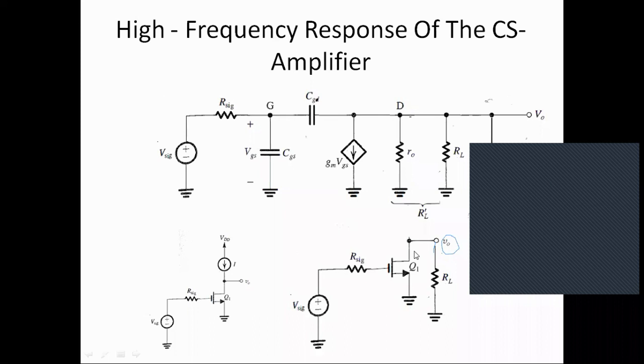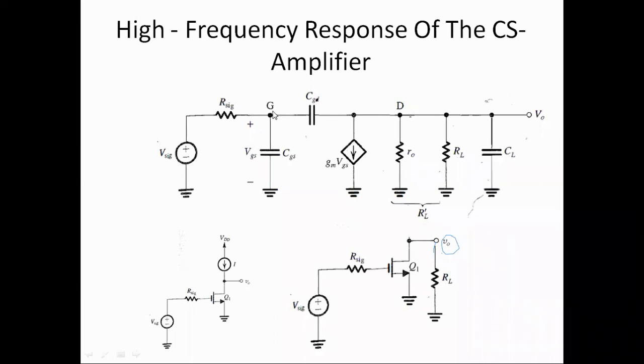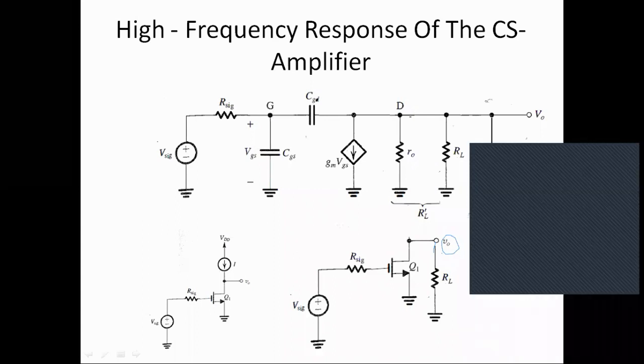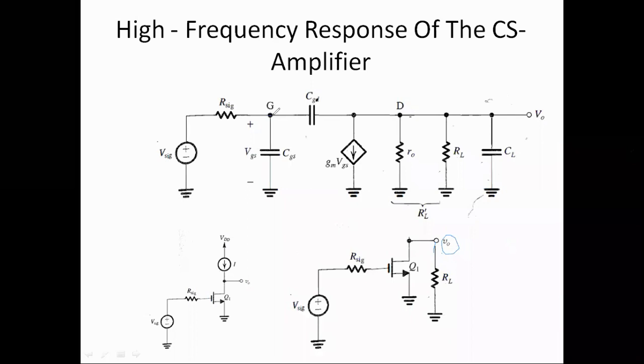Now I'm going to replace the MOSFET with the high frequency model. High frequency model means we have to include the capacitances with the low frequency model. Let me explain. From gate to drain there is a capacitance CGD. Similarly, there is one more capacitance from gate to source, CGS, and the voltage across it is VGS.